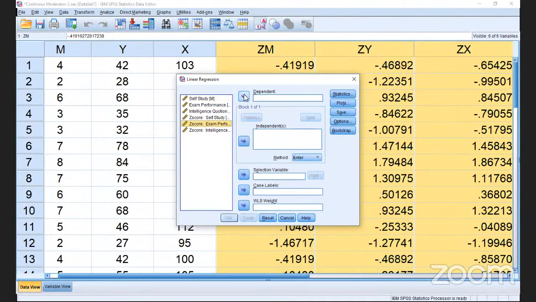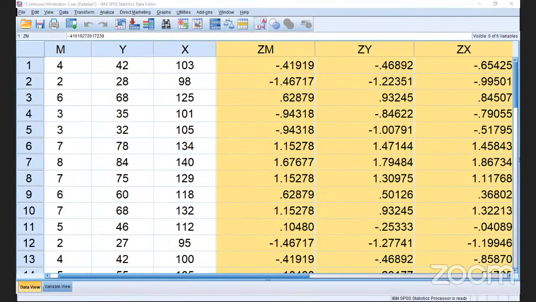Exam performance is the dependent variable, IQ is an independent variable, self-study is an independent variable, and then continue. Now we check the relationship. Now I stop sharing and share the output. This is the output.